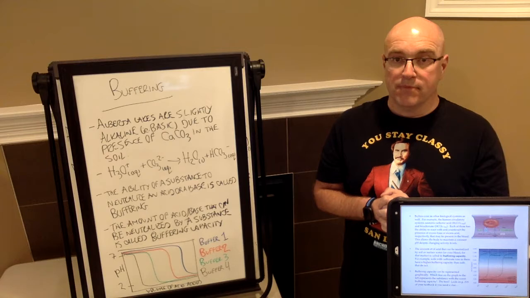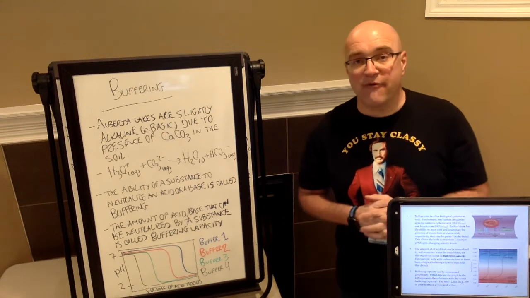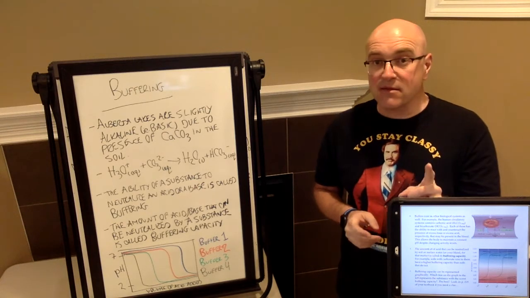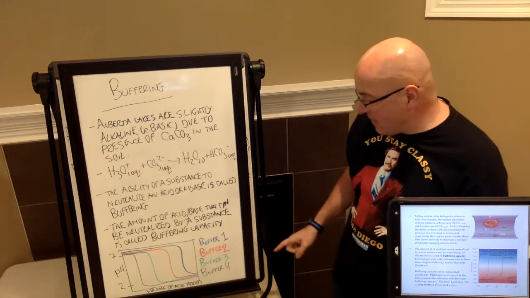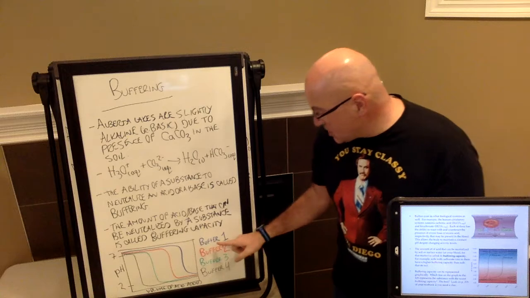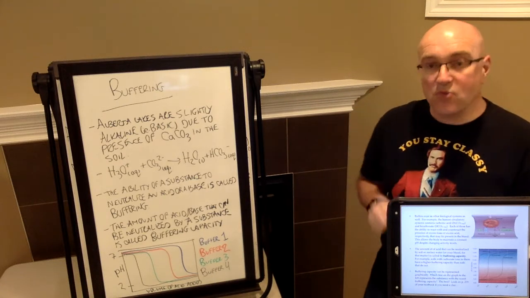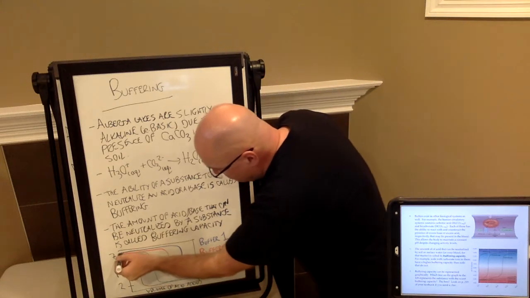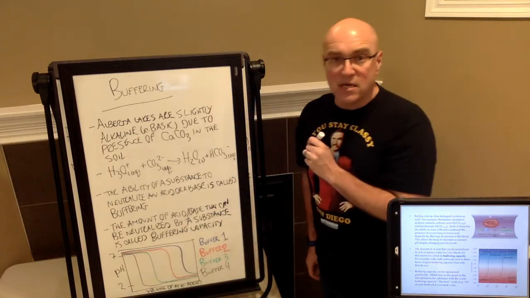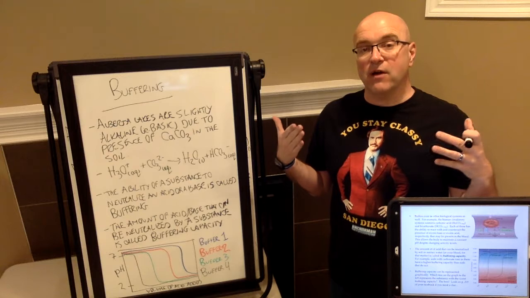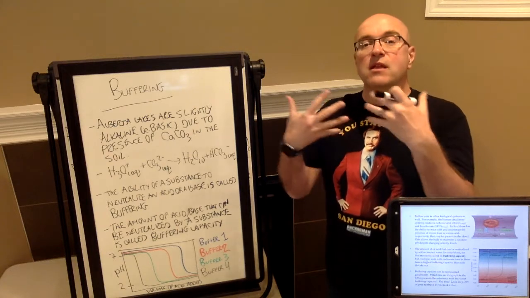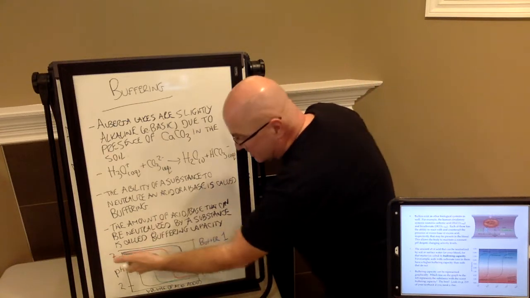All right, well, the one that has the most buffering capacity is, just waiting for you in case you were still putting your answer in, buffering agent number 1. And the reason why is this. This section here where the line stays straight is indicating that the buffering is working, that it's actually resisting the acid that's being added into the system.